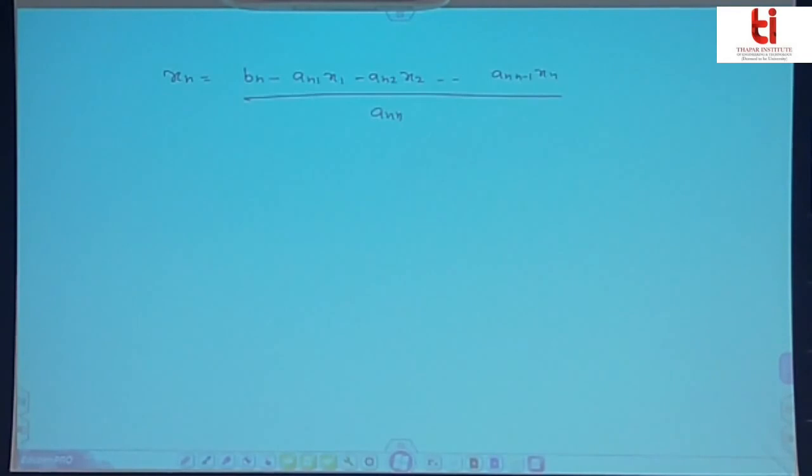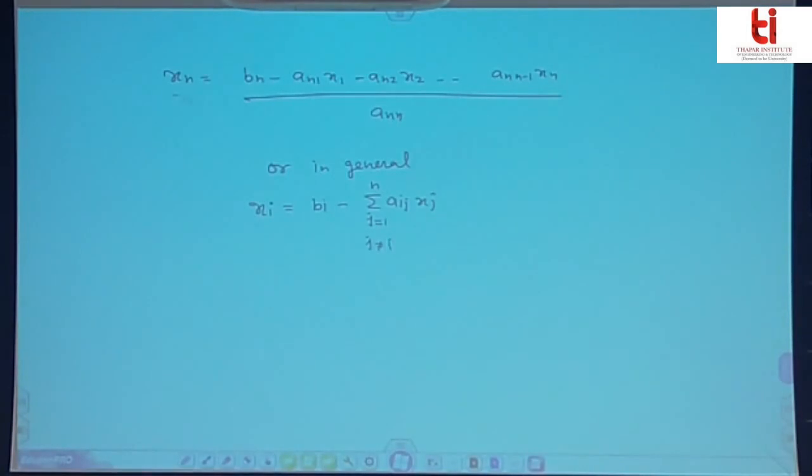Or in general we can write xi equal to bi minus the sum of aij xj, j equal to 1 to n and j not equal to i, upon aii.